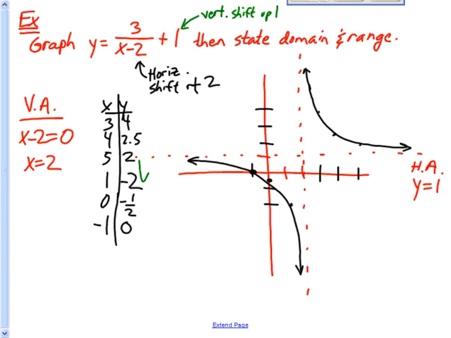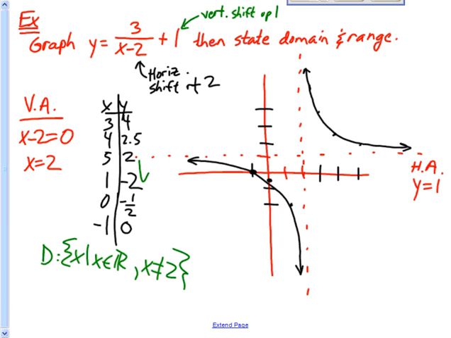So with the exception of the vertical asymptote, your domain is all real numbers, except you're not going to hit that x value of 2 because that's where it is undefined. Okay, it causes a denominator that's 0. Right, if you were to plug 2 in right there, it'd be problematic.